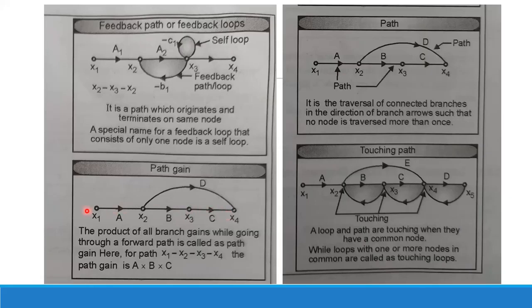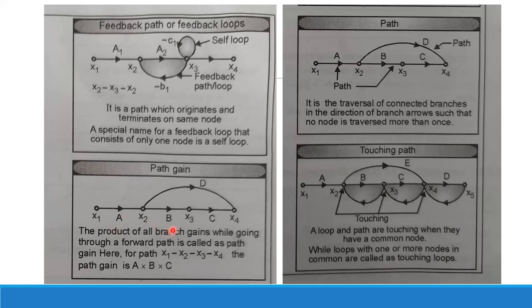For example, consider the path x1 to x2 to x3 to x4, the straight forward path. It has branches with gains a, b and c, so their gains will get multiplied.